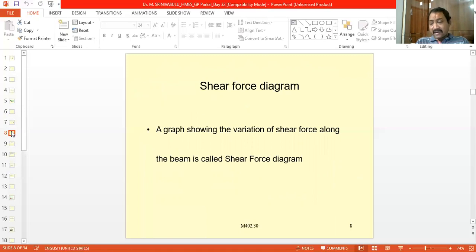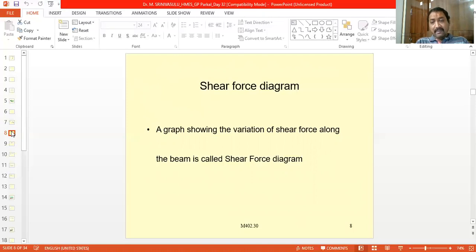Generally, when we want to construct a shear force diagram, first of all we should know what the shear force is and whether it is positive or negative. Also, for the bending moment diagram, we should know how to calculate the bending moment and whether it is positive or negative.